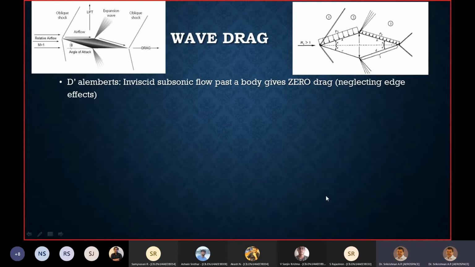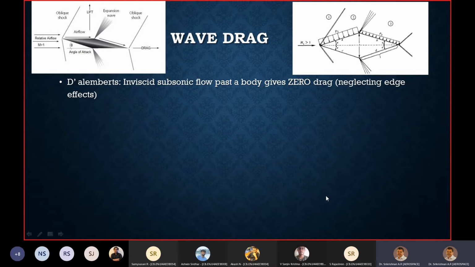In fluid mechanics, you would have heard of D'Alembert's paradox, right? D'Alembert theorized that a body submerged in a fluid should not have a resultant force. Do you remember that, or have you come across it? Not sure. Okay. Anyway, it was a surprising conclusion, which they could not explain at that point of time, because they did not appreciate the role of viscosity.